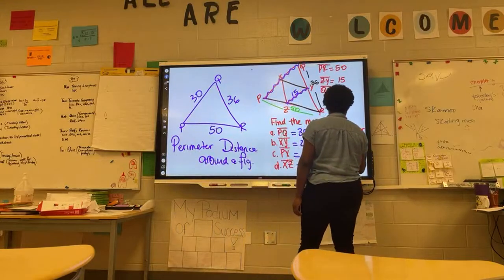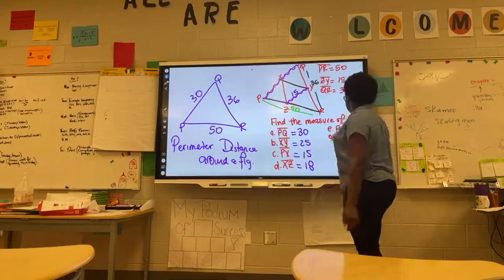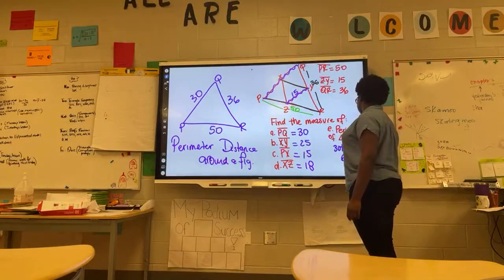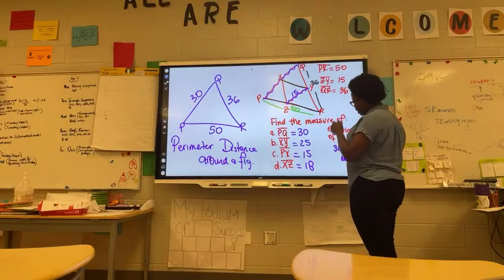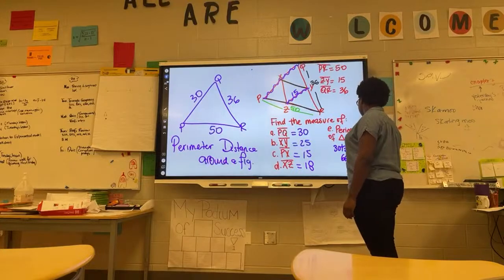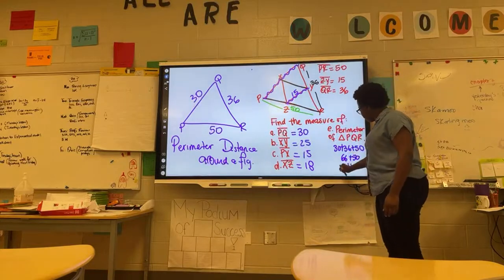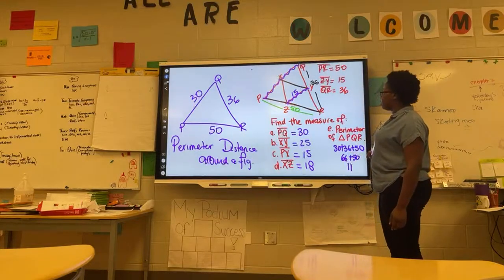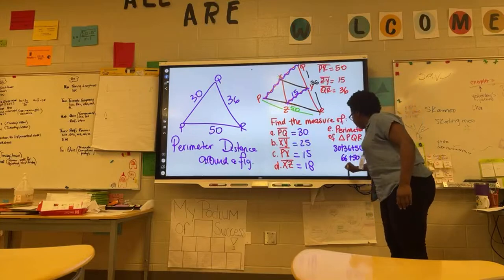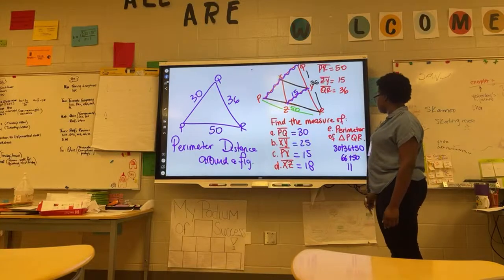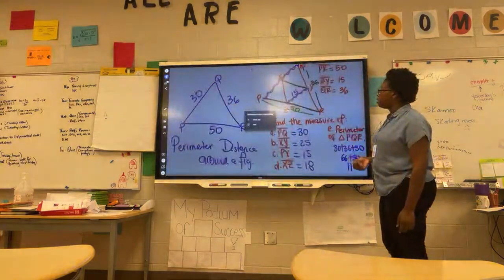So 30 plus 30 is 60, so that's 66 plus 50. 50 and 50 is 100, this is going to give us 116. So the perimeter of this figure is 116. I didn't write down the measurement, but you all know that whatever unit is on it should be right.